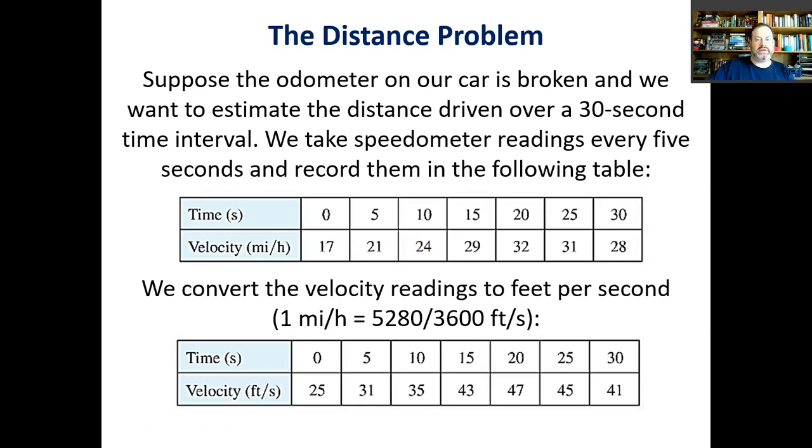We're just estimating. So what we do is we convert miles per hour to feet per second. 1 mile per hour is 5,280 divided by 3,600 feet per second. We just round everything to the nearest whole number feet per second. We're just trying to get an estimate.